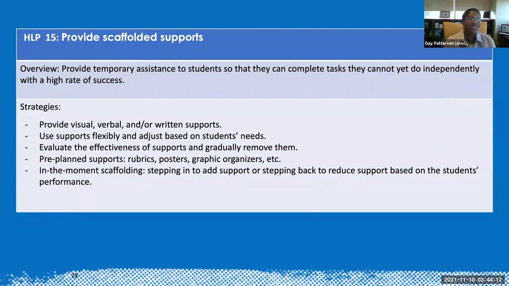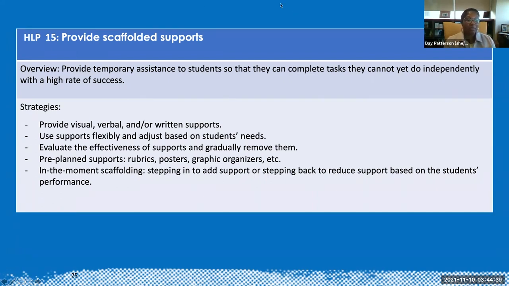And so really thinking about when we're supporting HLP 15, I think a lot about planning. So what are the ways that our candidates or our teachers are thinking about planning instruction? What are the ways that they're thinking about gradually releasing their students to do things independently? So are they providing verbal supports or written supports?